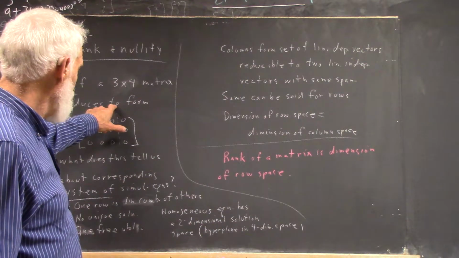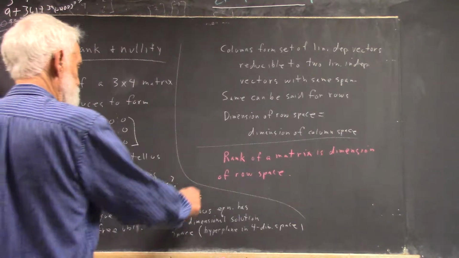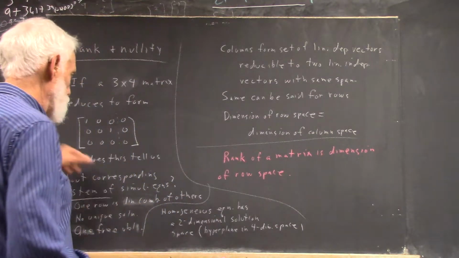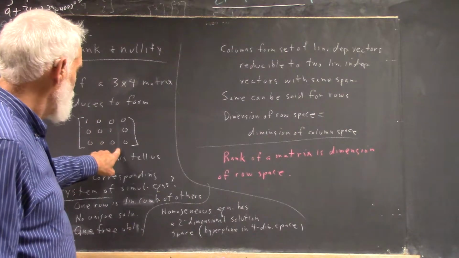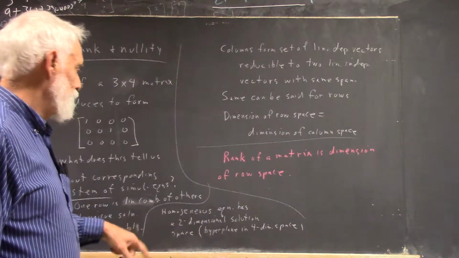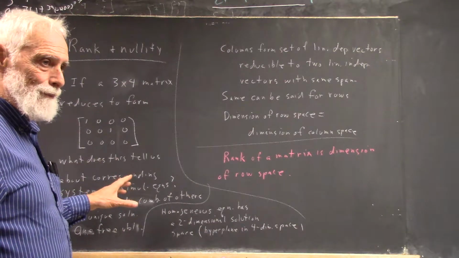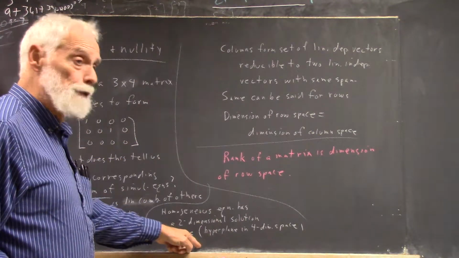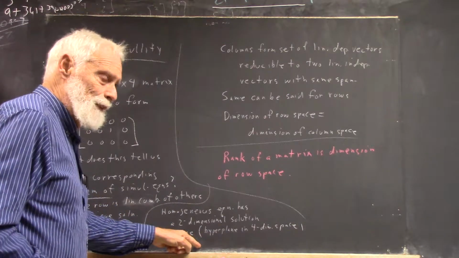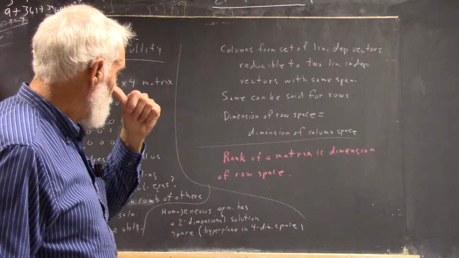If the matrix is not augmented, then we're not in the context of simultaneous equations. And that would say that the homogeneous equation for this coefficient matrix would have a two-dimensional solution space. Okay? I was a little careless when I read some of those comments.